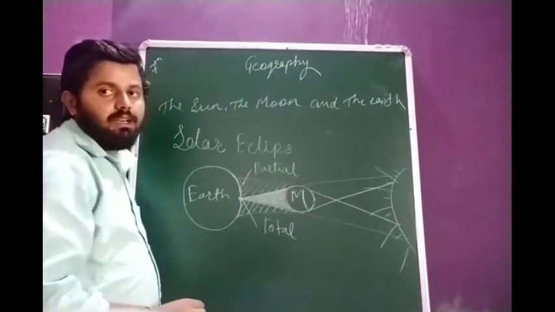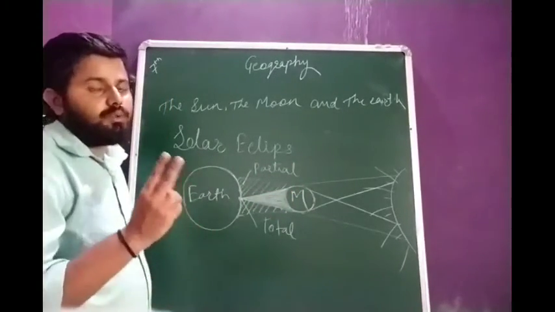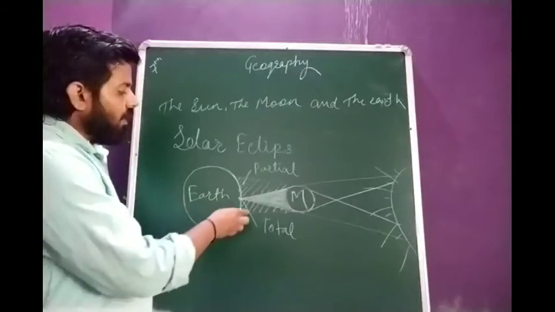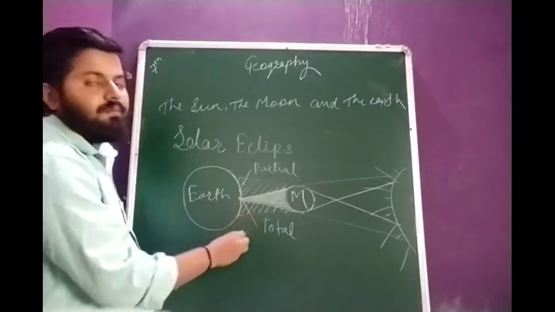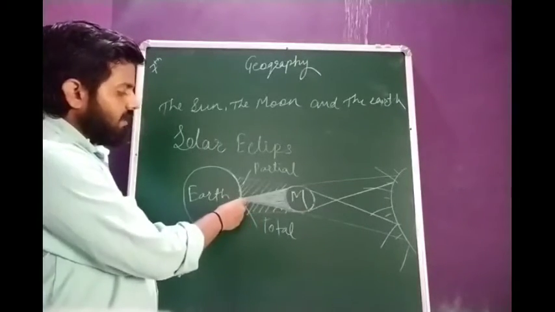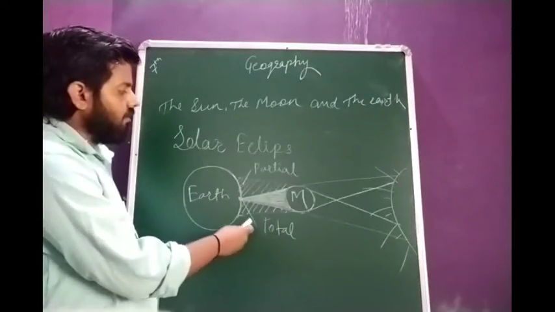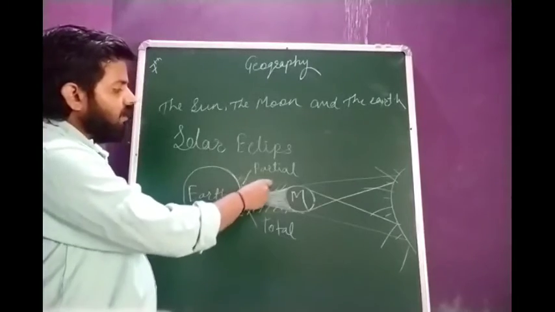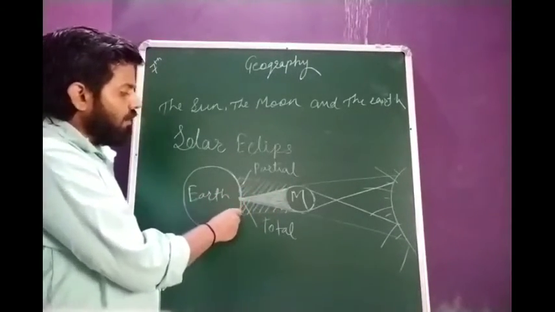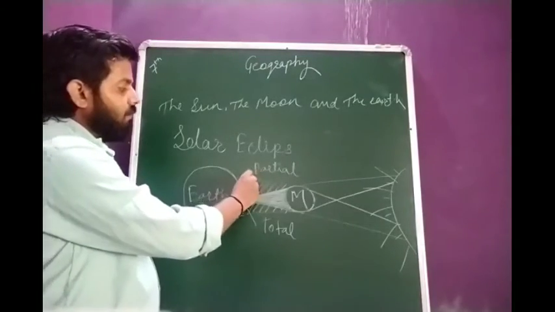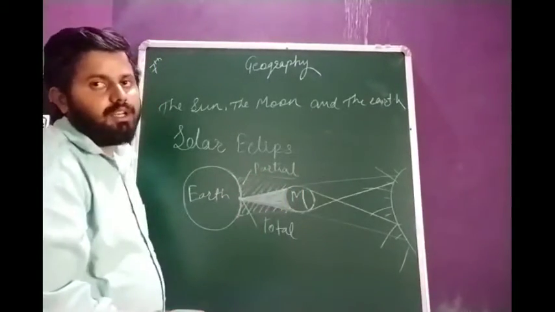partial solar eclipse. So there are two types of solar eclipse. Where the darker shadow has fallen on the earth, that place experiences the total solar eclipse, and the remaining part with the dashes, as I showed, where the light shadow fell, that part will face the partial solar eclipse.